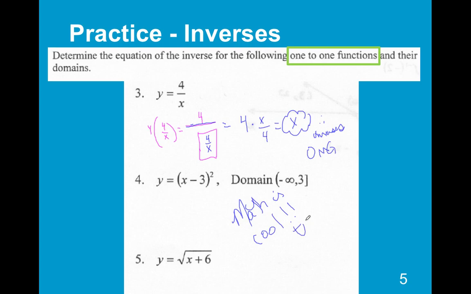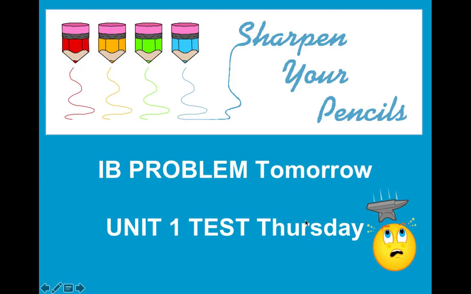Okay, so finish this practice. Remember, tomorrow you have an IB problem with partners. I pick your partners. And we will then also do a guided reading from IB that talks about all the stuff about inverses and composition that they're going to test you on. We'll go over that. And there will be no homework tomorrow.